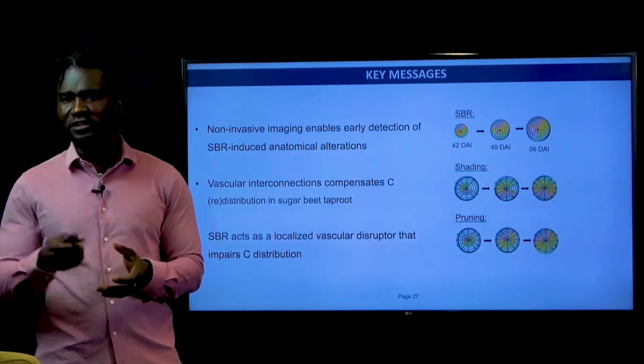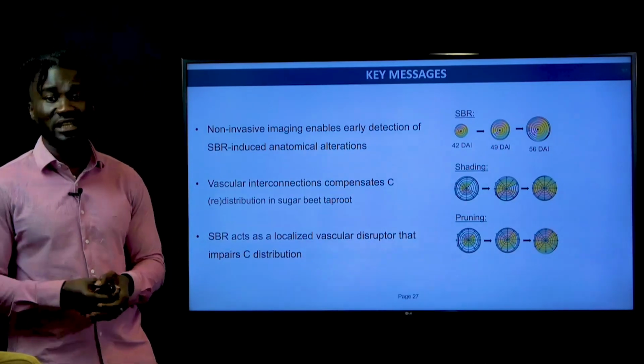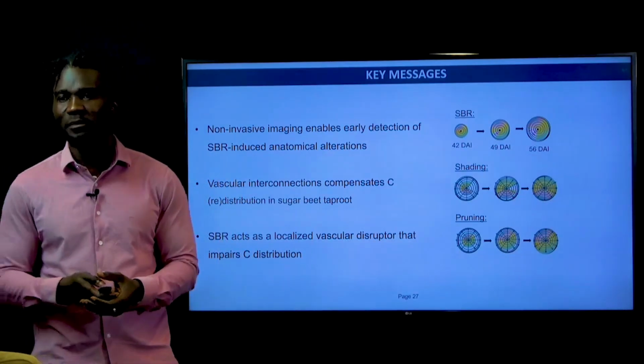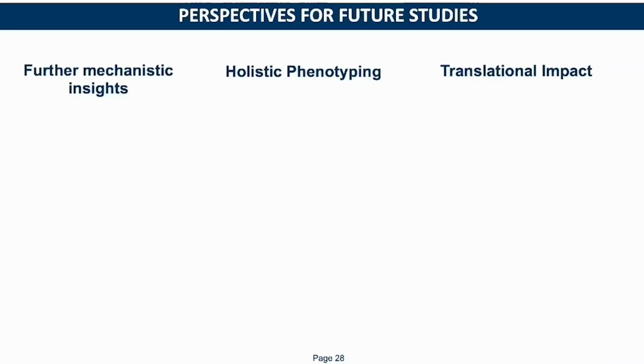But the presence of a vascular destructor like SBR pathogens can override these compensatory mechanisms, thereby affecting the sink capacity of the developing taproot. Together, the findings of my thesis bring forth mechanistic understanding of carbon distribution dynamics in sugar beet taproot and how biotic stresses may impair 11C distribution within sugar beet taproot.